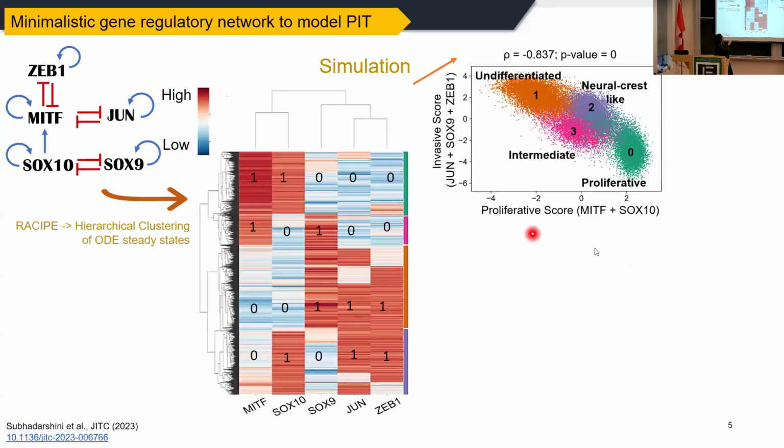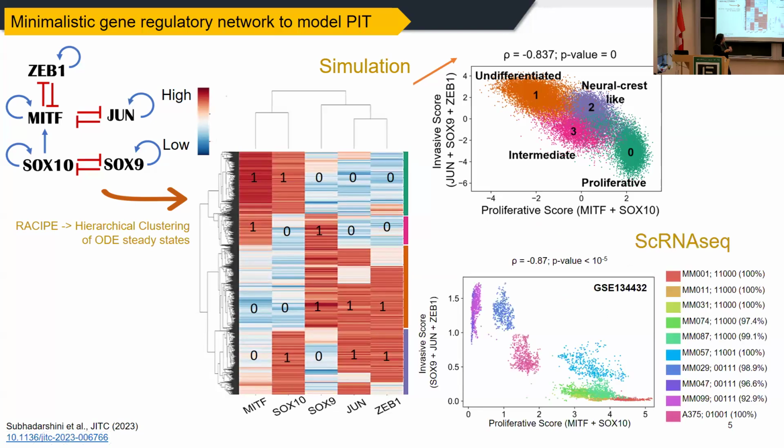So this is basically from the simulation, but it makes sense if you also see that in data. For that, we do single cell transcriptomics, where you look at these patient-derived melanoma cell cultures, look at the expression of these transcription factors, and you see bimodality.